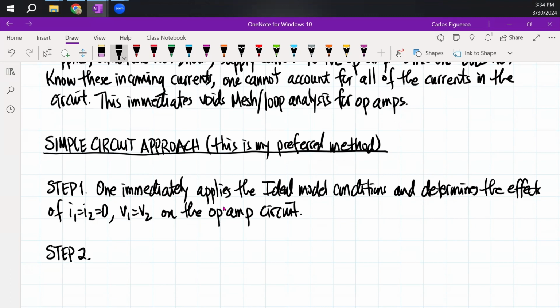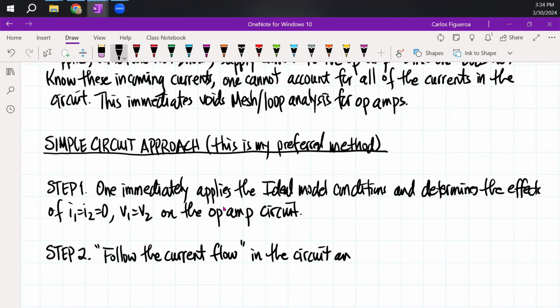And then in the second step, we follow the current flow in the circuit and continuously apply Ohm's law.